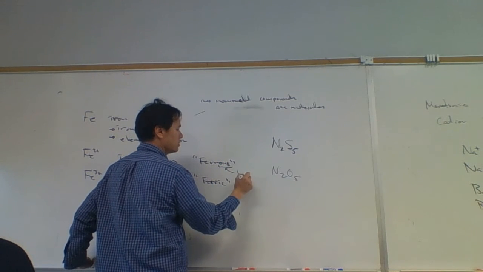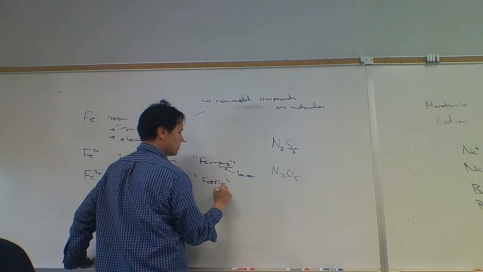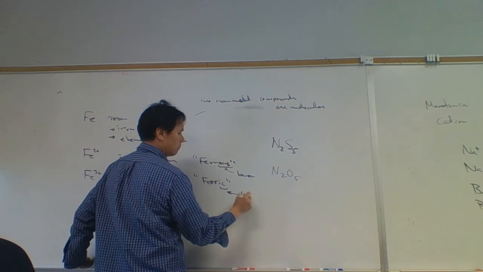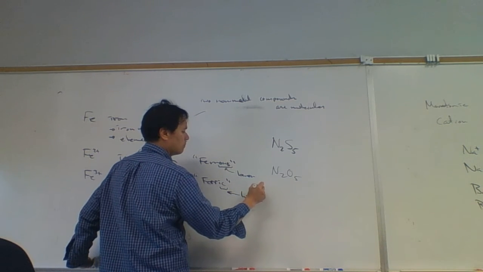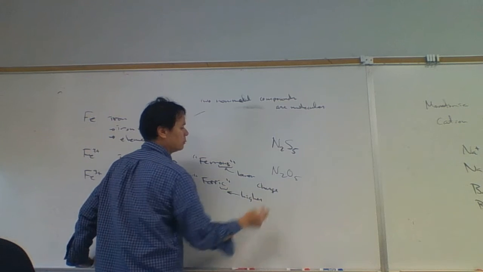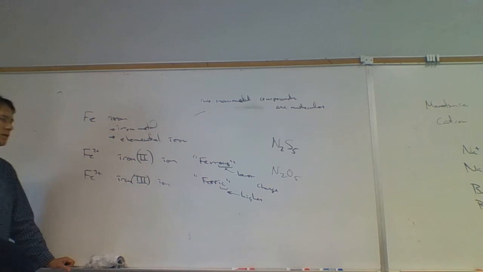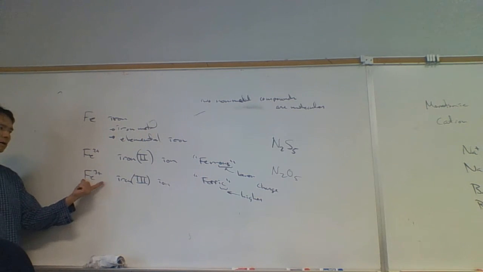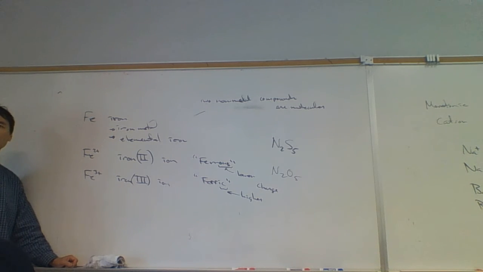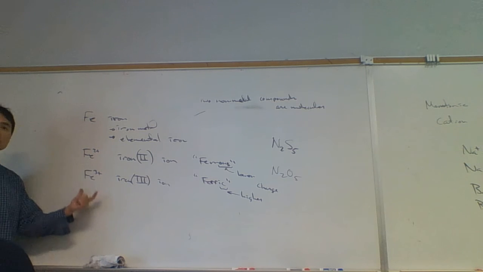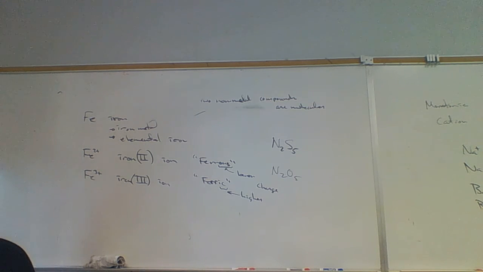When we have the ous, it's lower, ic is higher. And so whenever we have multiple charges, we have different systems. Ferrum is the Latin word for iron. So that's where the symbol comes from for iron.